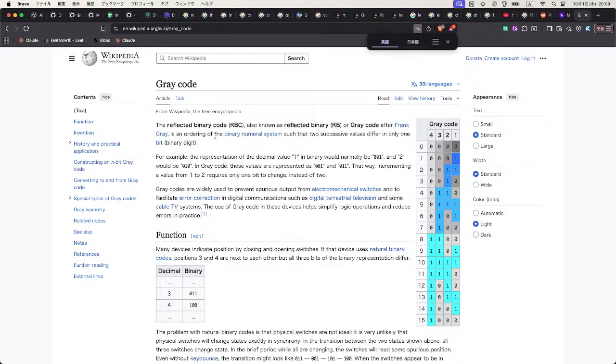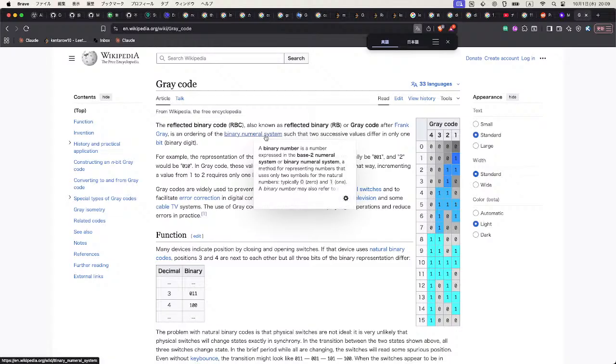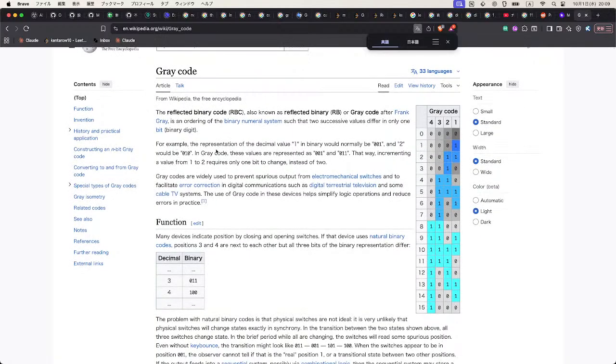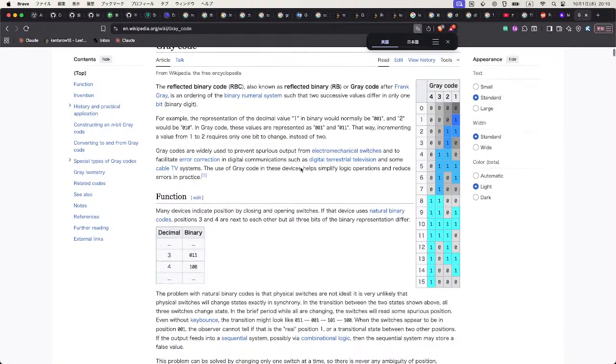Gray code is an ordering of the binary numeral system such that two successive values differ in only one bit. For example, the representation of decimal value 1 in binary would normally be 001, and 2 would be 010. In gray code, these values are represented as 001 and 011. That way, incrementing a value from 1 to 2 requires only 1 bit to change instead of 2.